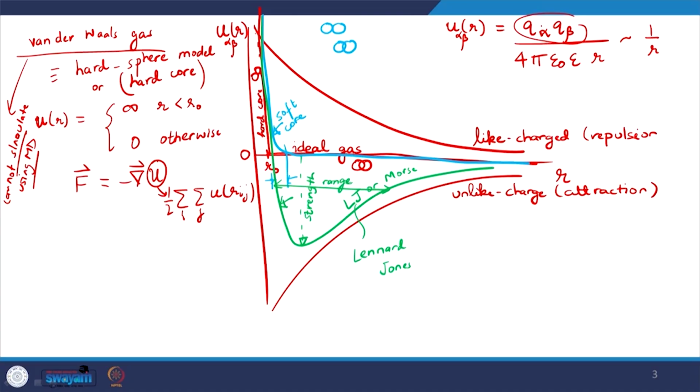Using various potentials, we can control both of them. If I know the range in which the interactions are active, or have significantly large value, then using that information, I can construct some kind of a potential that captures this particular behavior.